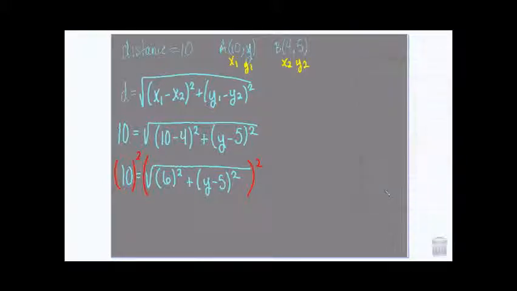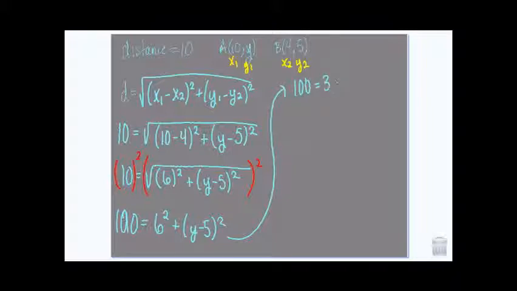And so I get 10 squared is equal to 6 squared plus y minus 5 squared. 100, yes, it's 100. So I get 100 is equal to 36 plus y minus 5 squared.